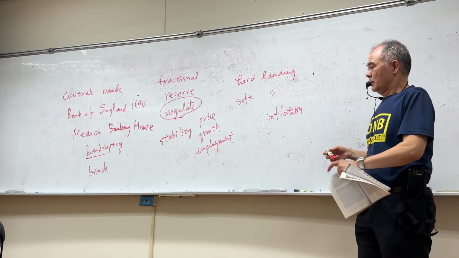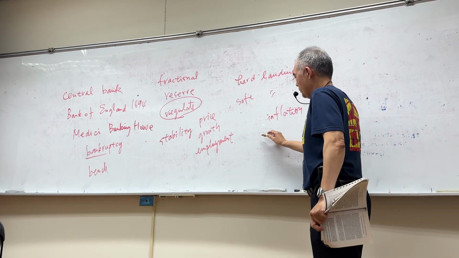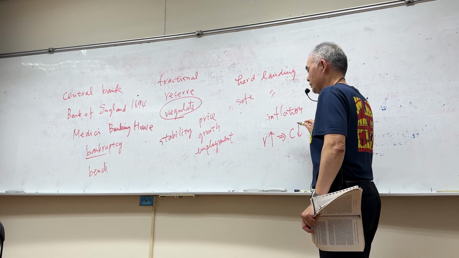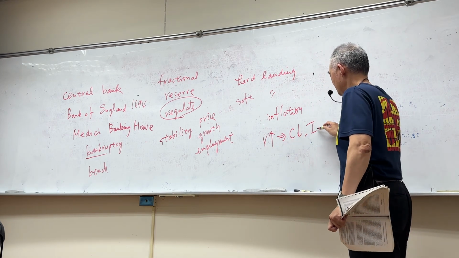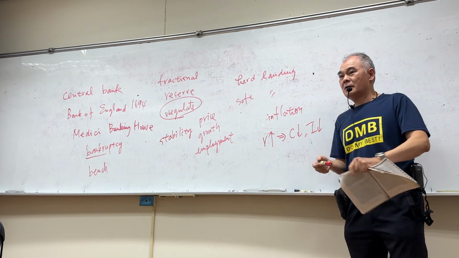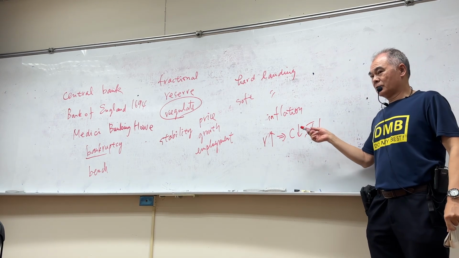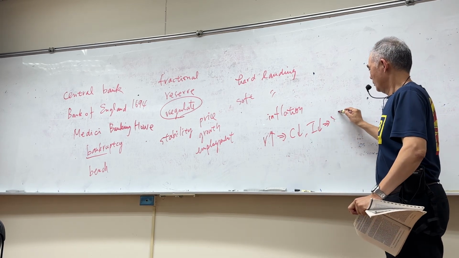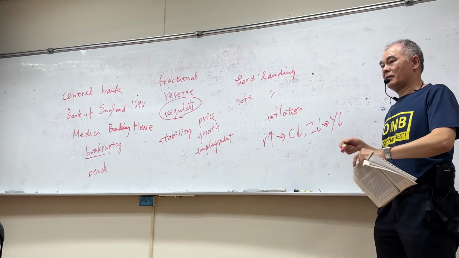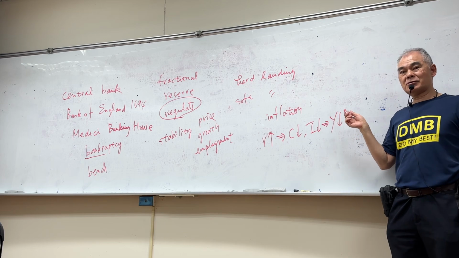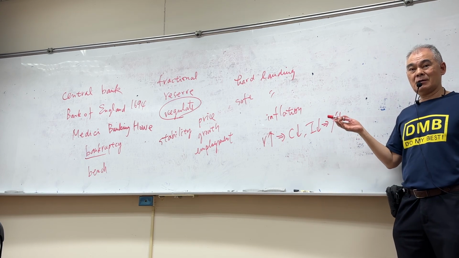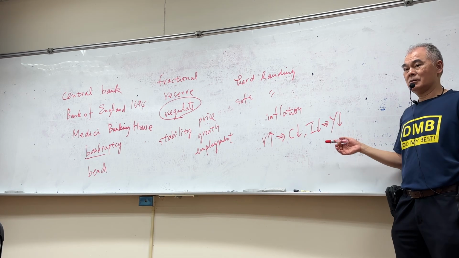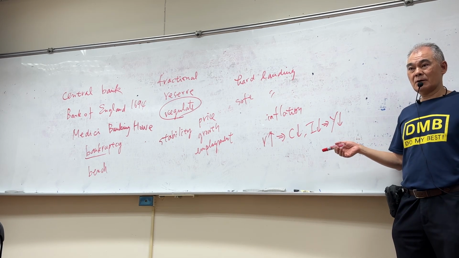So, the central bank increase interest rate to decrease consumption, to decrease investment. But what happened? If you decrease consumption, decrease investment, it means income will go down, right? If income go down, production go down, what happened? You're going to lose your job, okay? So it's not good, okay?